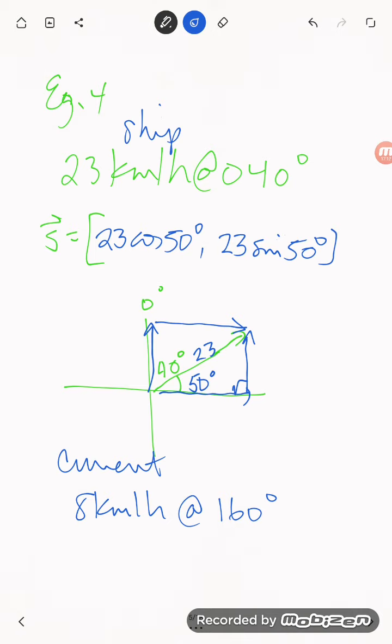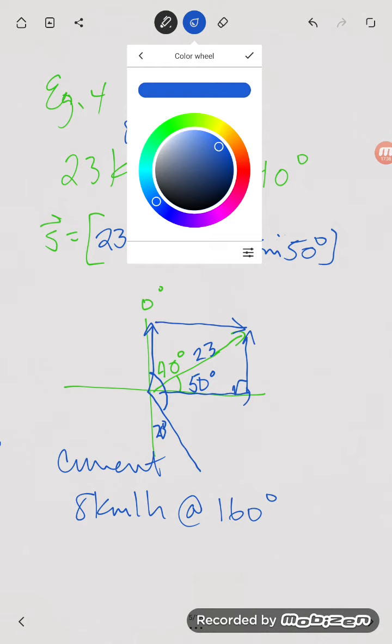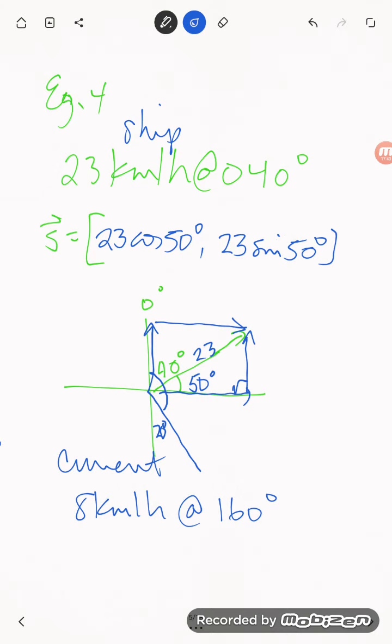So 160 degrees would be somewhere down here, with 20 degrees there to 180, because 160 goes all the way around that way. And so again, I can either use the 20 degrees to, you know what, let me draw this again just so it's more clear. I'm going to draw it over here.